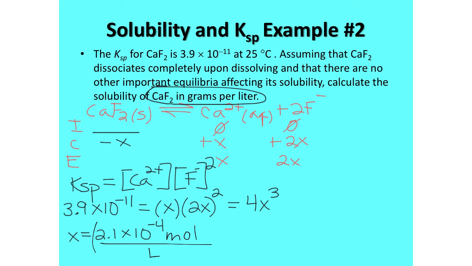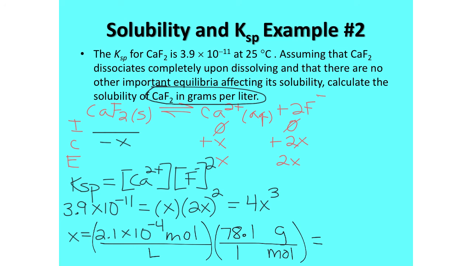If I want to get this to grams per liter, all I have to do is to get rid of moles and find grams. So then I would do 1 mole equals the gram formula mass of calcium fluoride. And if I add up calcium and 2 fluorines off the periodic table, that would be 78.1.